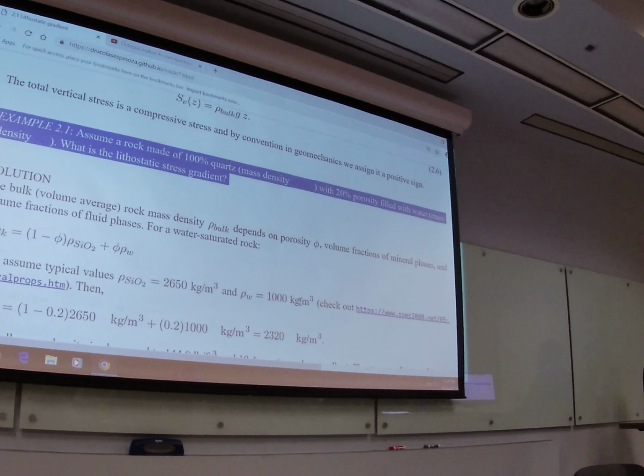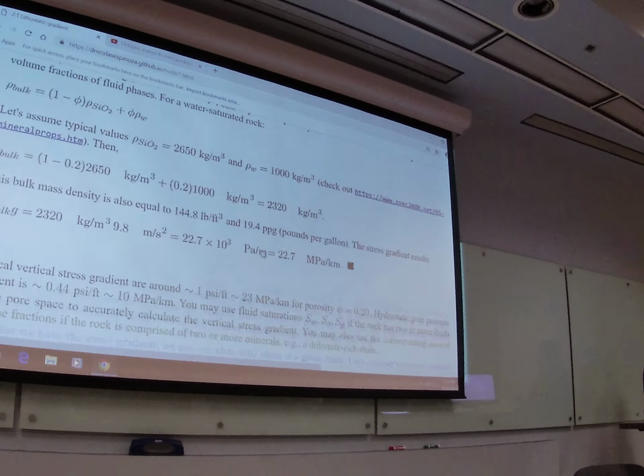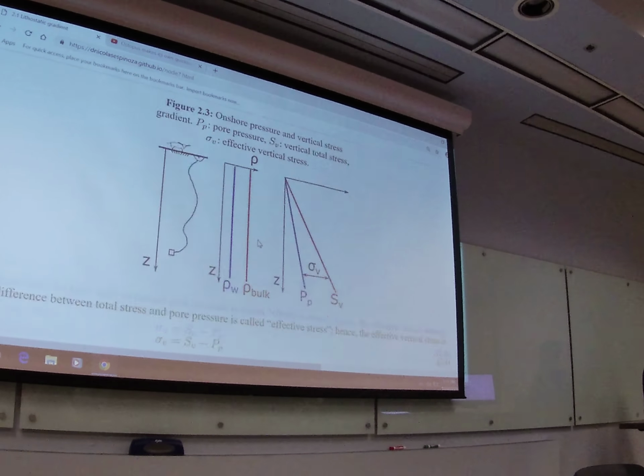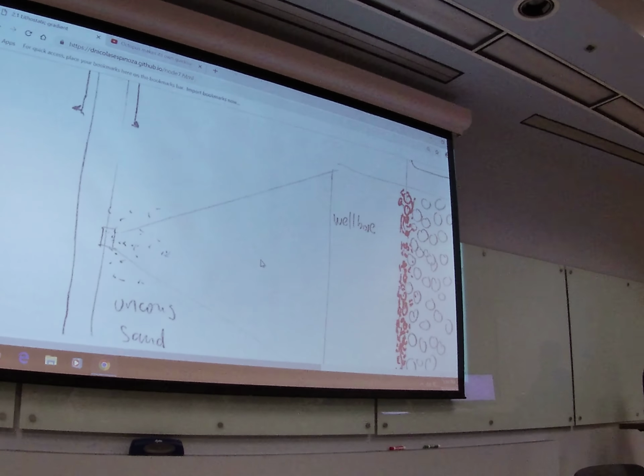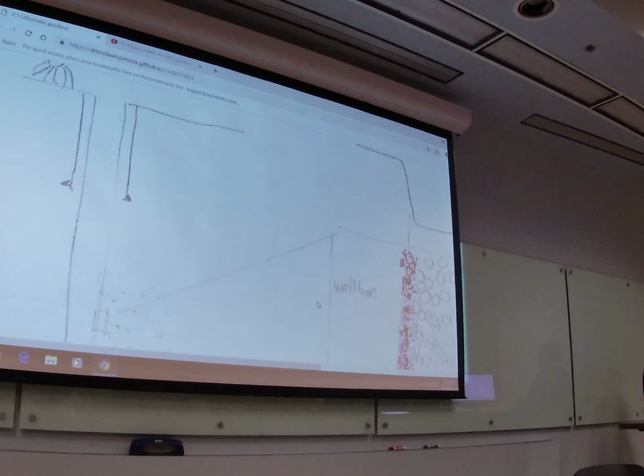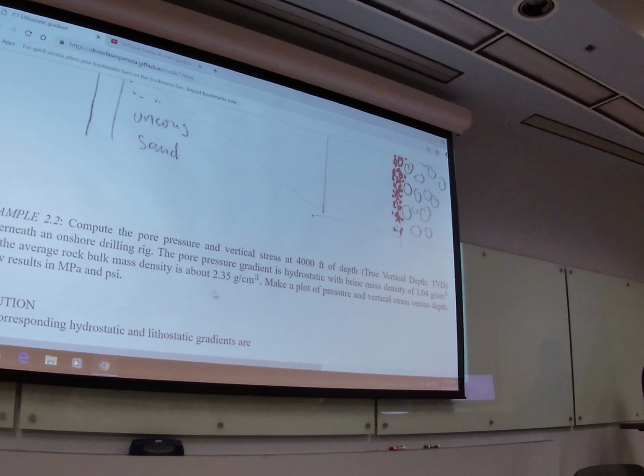I didn't go into detail on that, but just take a look, try to solve it on your own. In the homework there is a very similar one, and it's what I just showed before. We're going to talk about this coffee example later on. And this is the one I want you to solve right now, okay?